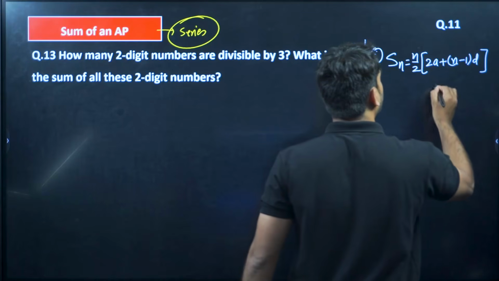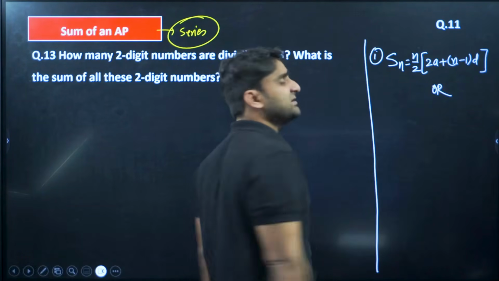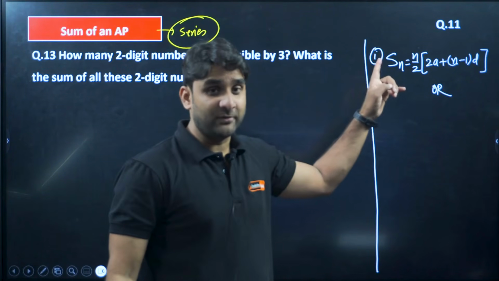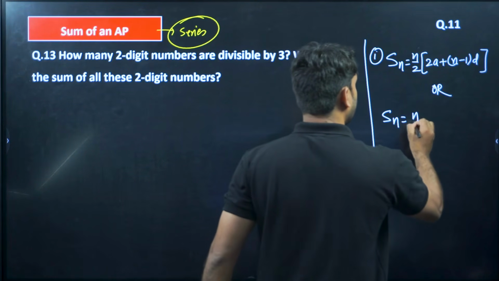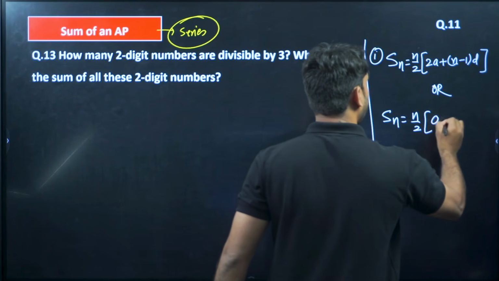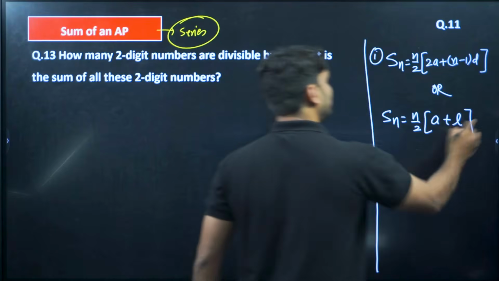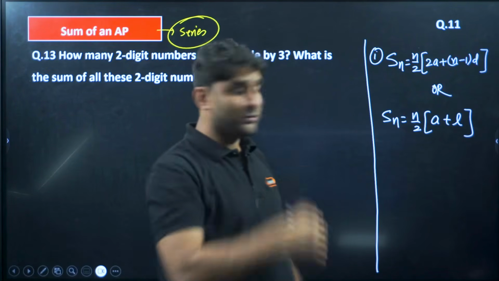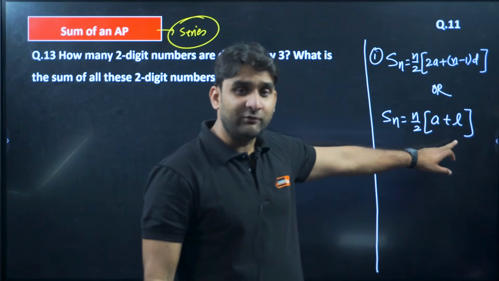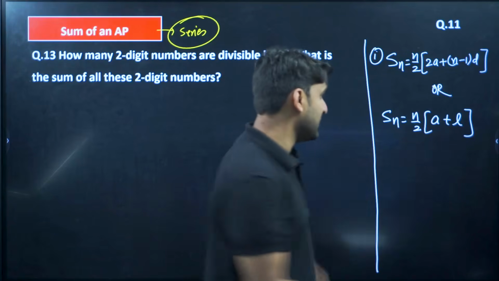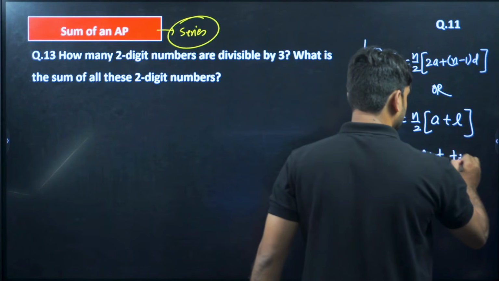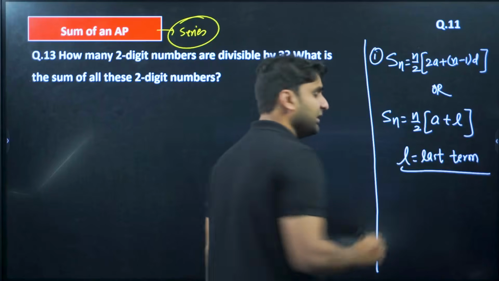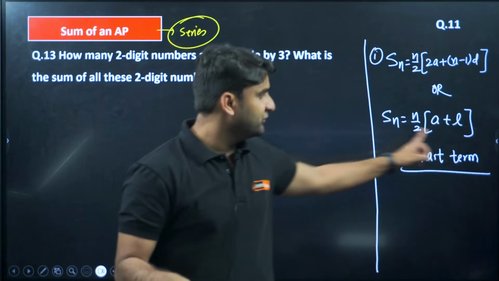This is the formula to find the sum of an AP. And one more formula we have is Sn is equal to n by 2 into (a plus l). This is also a formula. This formula is used for a finite AP when there is a last term. l is for the last term.